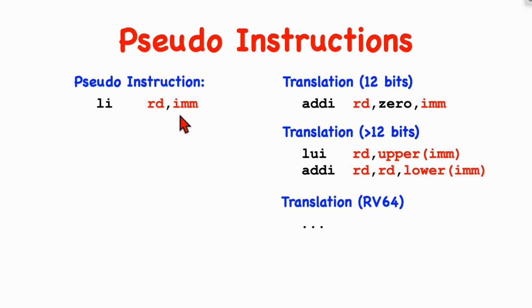Now, I do want to point out that this expression here can be an arbitrary expression, possibly involving symbols, but the assembler seems to require that any symbols that are used must have been previously defined, that is, defined at an earlier line in the same source file.